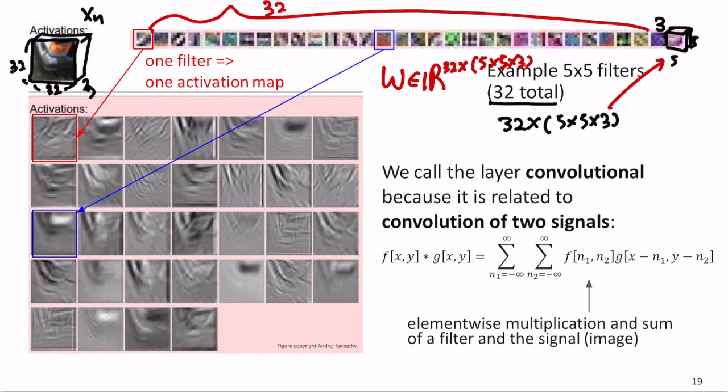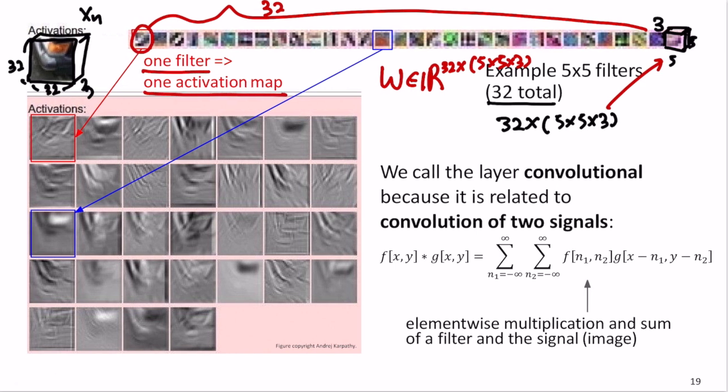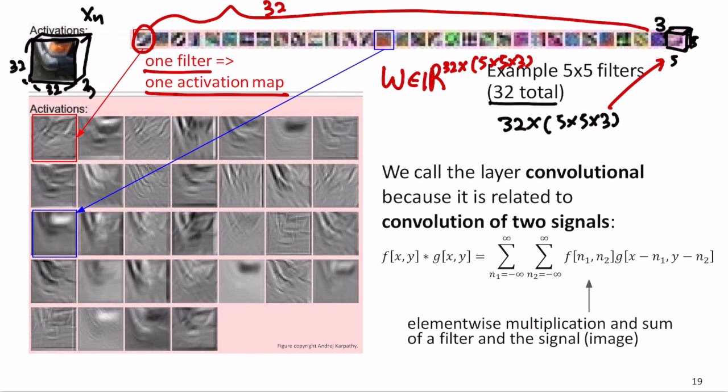Anyway, this is the learned filters, and this single filter generates one activation map by convolving with the image. The size of one slice of the activation map is 28 by 28 by 1, as we discussed previously.